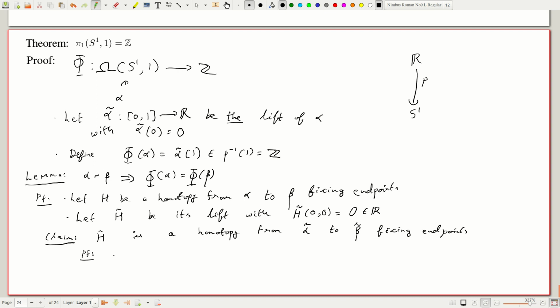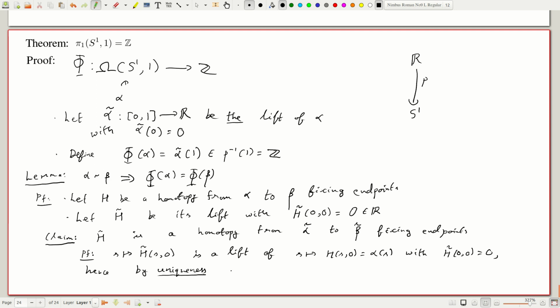If I look at s mapping to H tilde of (s, 0), now this is a lift, because we restrict a lift, it's a lift of s mapping to H of (s, 0), which is alpha of s, and it's a lift of this, with H tilde of (0, 0) equals 0. Hence it is a lift, hence it is the lift. Hence by uniqueness, s mapping to H tilde of (s, 0) is just alpha tilde. That is, H tilde of (s, 0) is alpha tilde of s for all s in [0, 1].